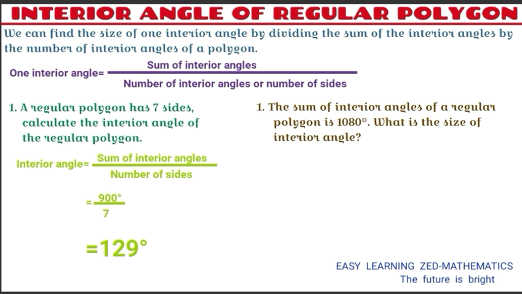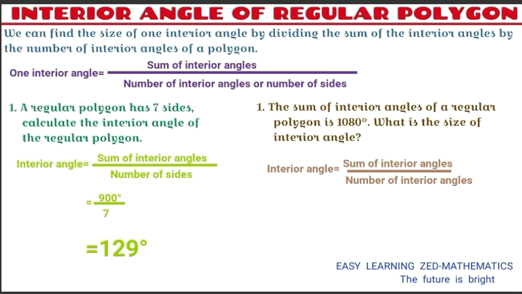So just like we did in the first question, we're going to write the formula, which is on top there in purple: interior angle is equal to the sum of interior angles divided by, now here we can use even the number of interior angles.